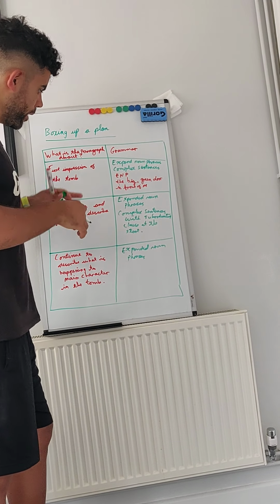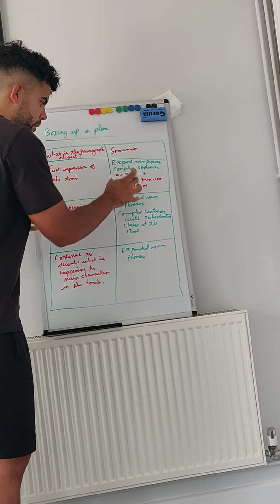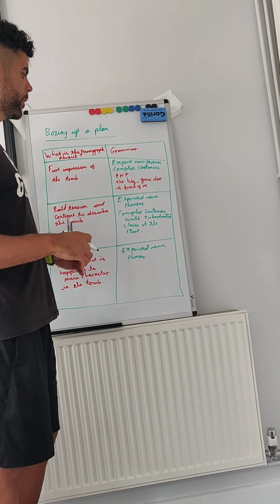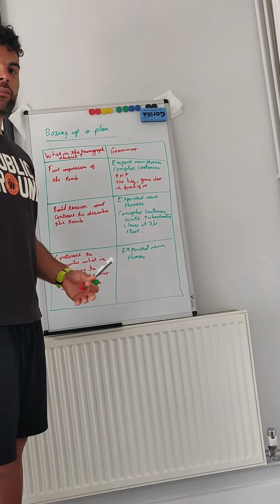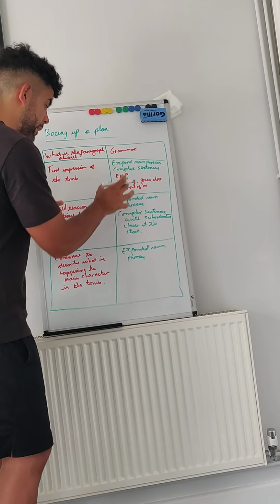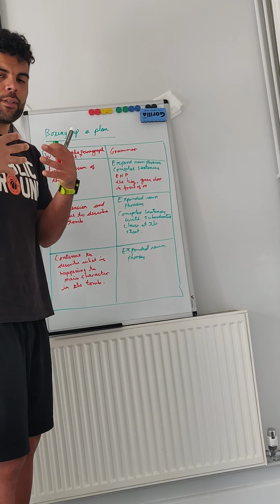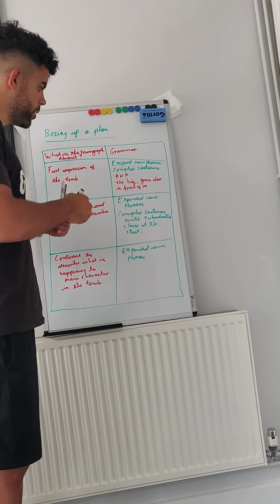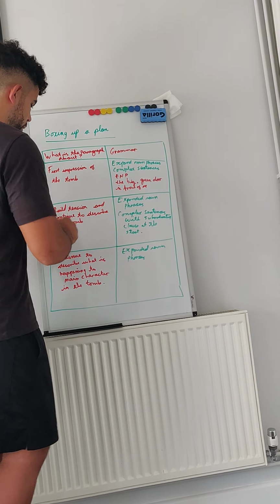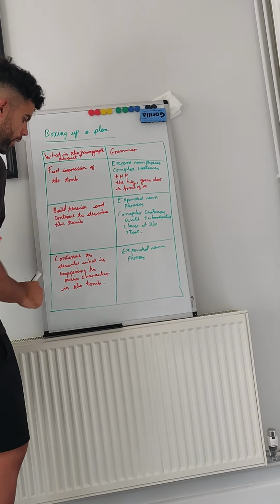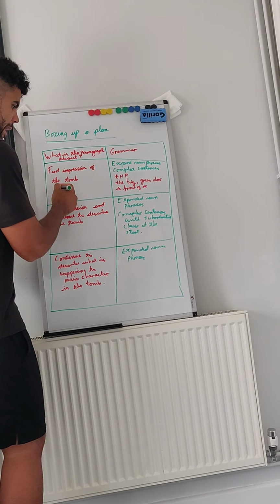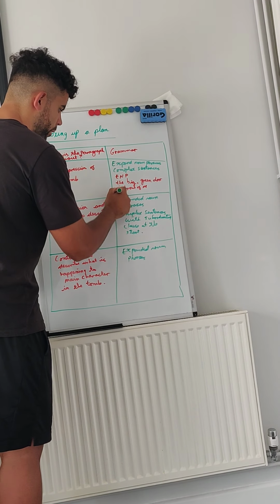Now, in order to link my paragraphs, okay, we use adverbials, okay? So adverbials help to link between paragraphs and also within a particular sentence. So in each jump, I would say to begin each paragraph, I would add adverbials as well.